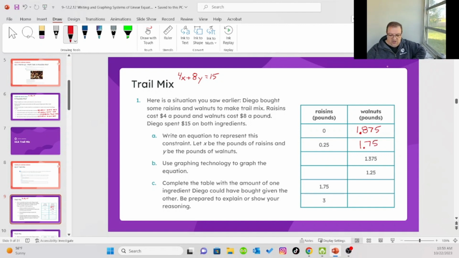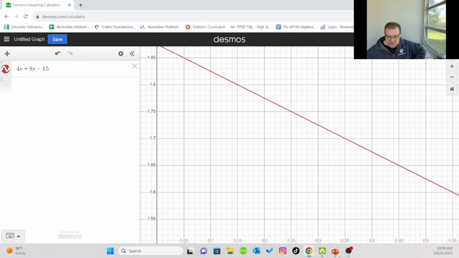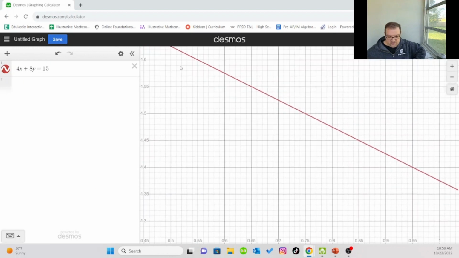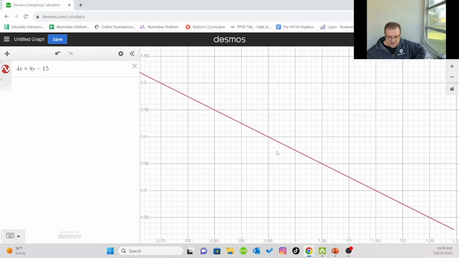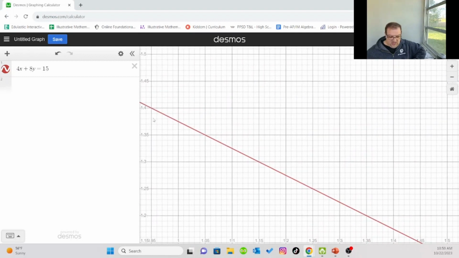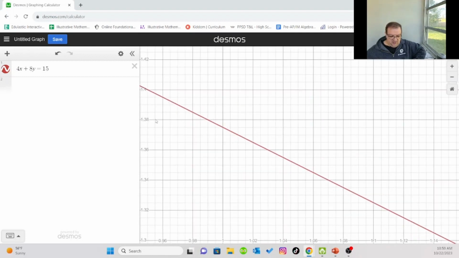Now we want to know when Y equals 1.375. So we want to go this way until we start getting near 1.375. Now I want to zoom in.